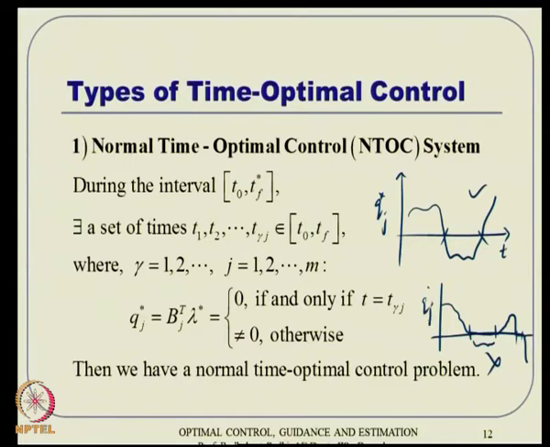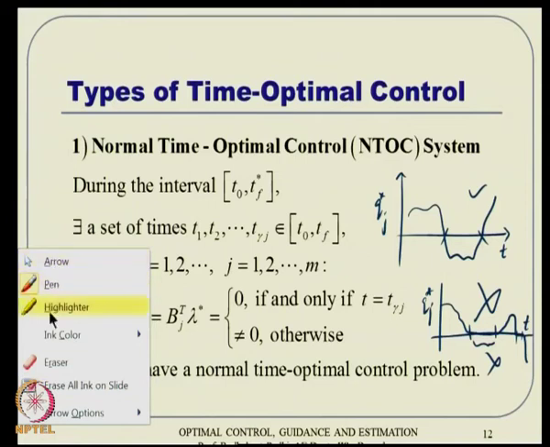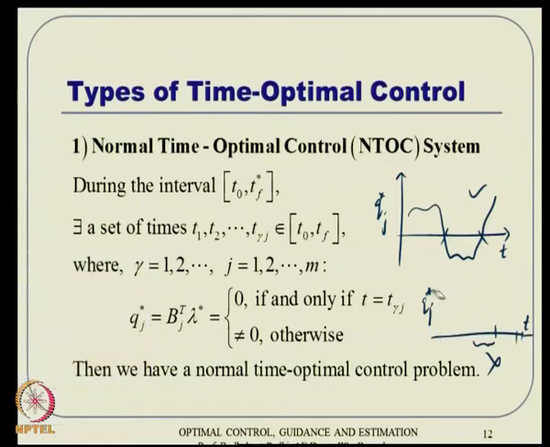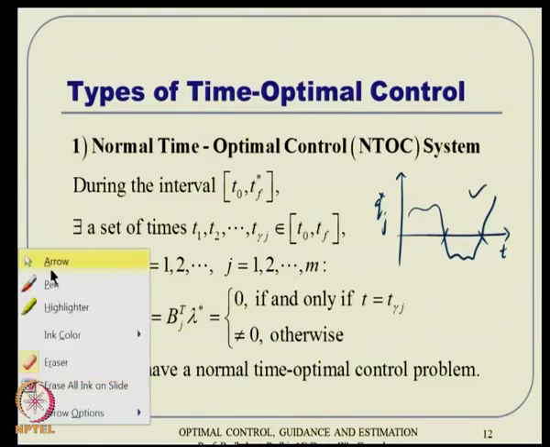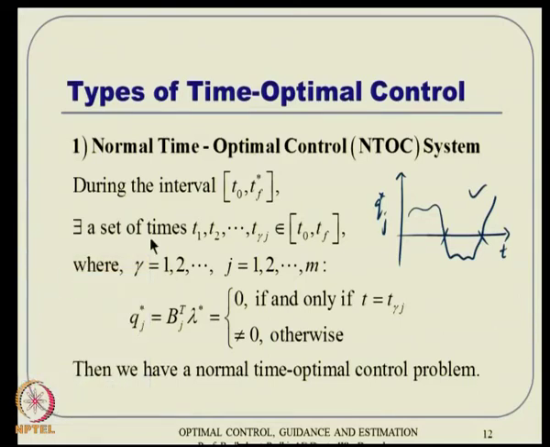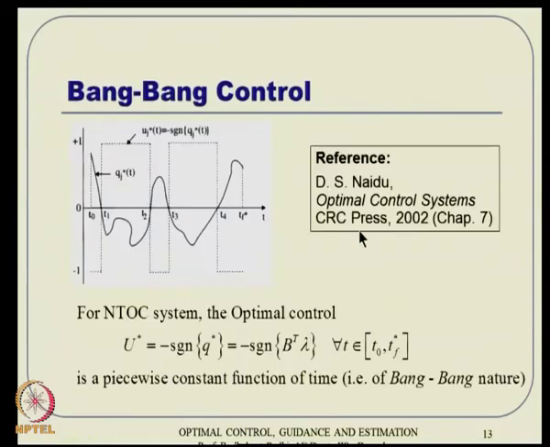If such things are not allowed, but this is okay, then that is called a normal time optimal control problem. Otherwise, it will be called singular optimal control. Normal time optimal controls have somewhat more elegant solutions, so let's study that.